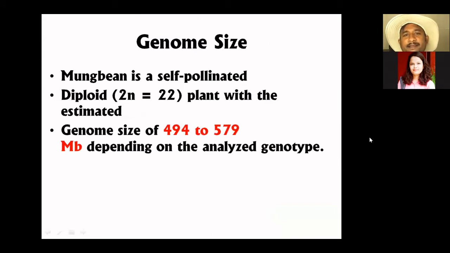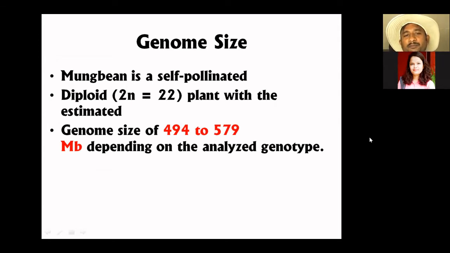Coming to the genome size, mung bean has a small genome size, around 494 to 580 MB, depending on the different species and how genotyping of the mung bean genome has been done. Means very small, around 500 MB on average.